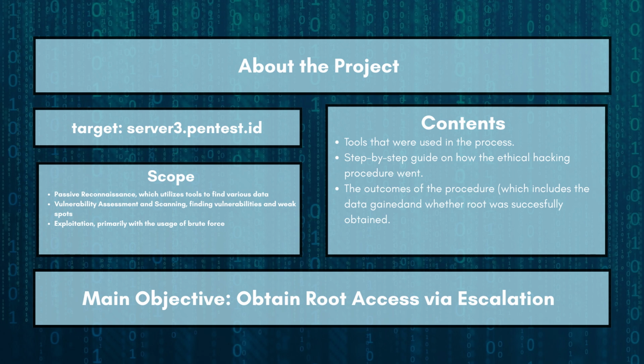And finally is exploitation. I researched various other methods, but today I will be talking about the method that I did use, which is brute forcing. The main objective is to obtain root access. So without further ado, let's begin.